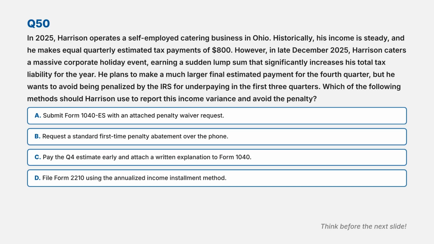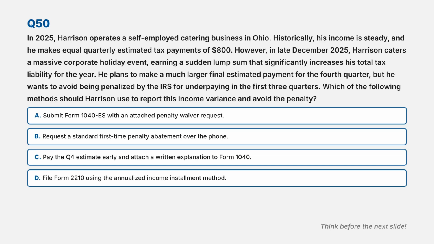Which of the following methods should Harrison use to report this income variance and avoid the penalty? A. Submit Form 1040-ES with an attached penalty waiver request. B. Request a standard first time penalty abatement over the phone. C. Pay the Q4 estimate early and attach a written explanation to Form 1040.